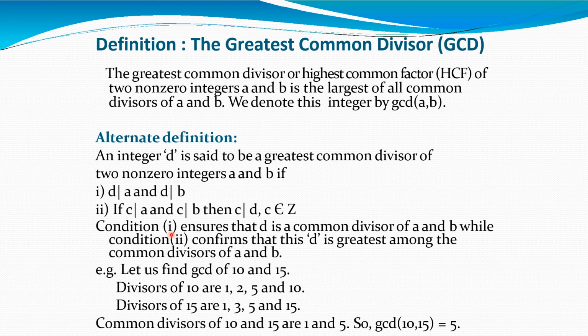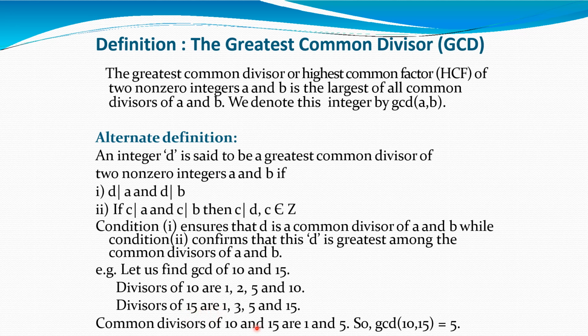For example, let us find GCD of 10 and 15. First see what are the separate divisors of 10 and 15. Divisors of 10 are 1, 2, 5 and 10. Similarly, divisors of 15 are 1, 3, 5 and 15. Now what are the common divisors? 1 is a common divisor, 5 is a common divisor.